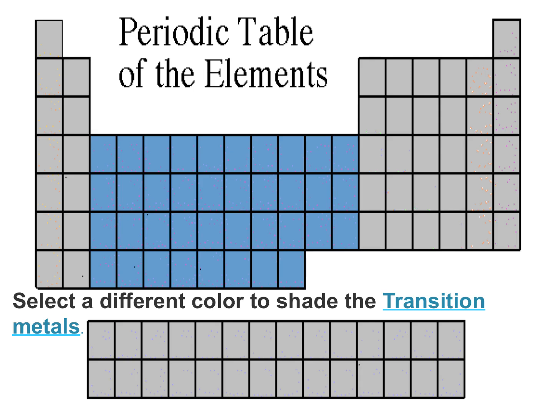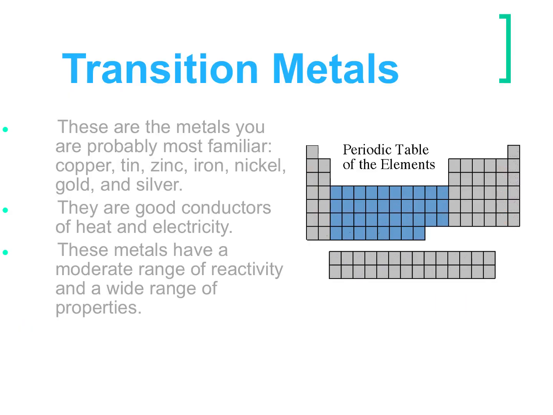Pick a color to shade the transition metals, and then label that in your key. Transition metals are those that we do make things out of, like iron, and we make buildings and bridges. We use it for our electrical wire, things like copper. Silver can be used as an electrical wire.